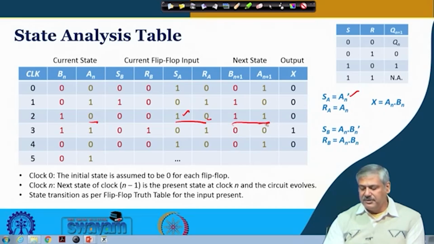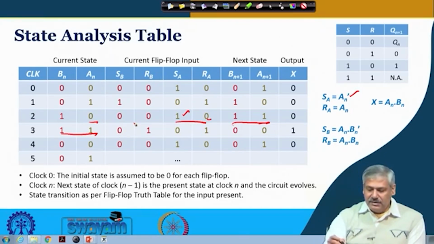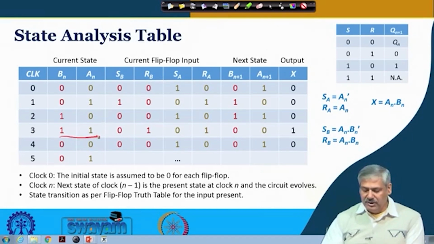So, the next state becomes 1 1, and with 1 1 at the input, you will see again if you follow this equation, An is 1 and Bn is 1. So, Bn is 1 means this is 0. So, 1 ANDed with 0 is 0 and 1 ANDed with 1 is 1.